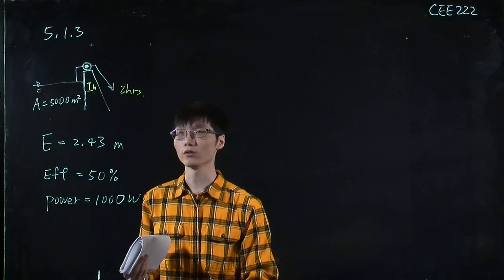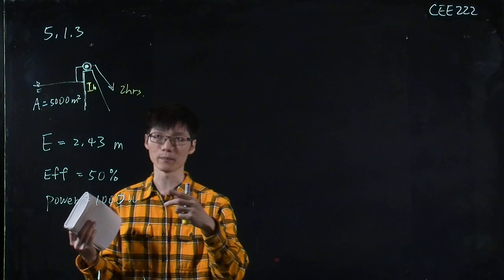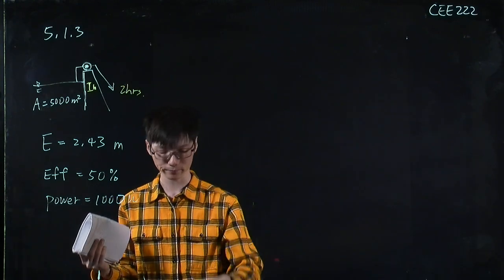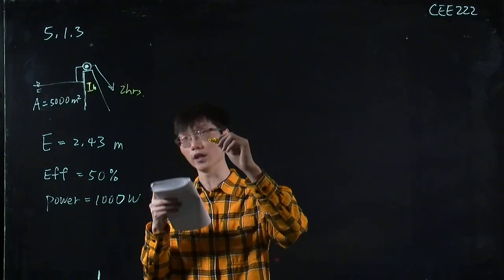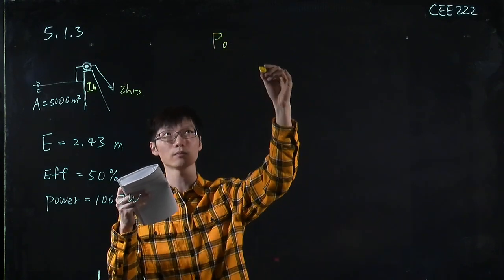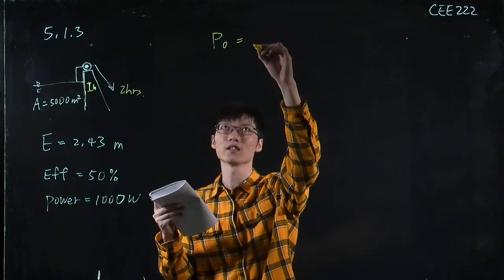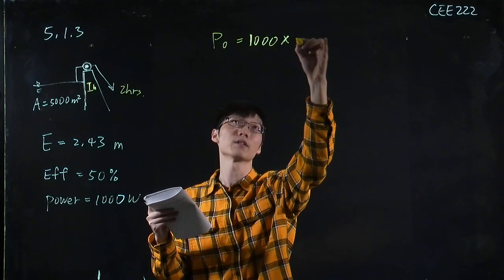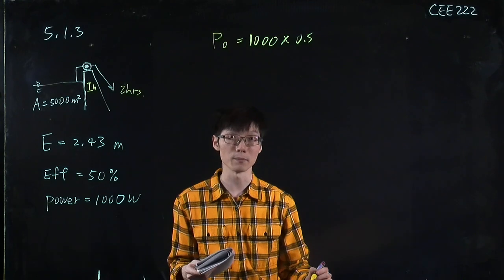First, we want to know how much power the pump really used to suck the water up. So to do that, we know that the power provided by the pump, the actual power really applied to the water, is 1000 watts times the efficiency, which is 50%.